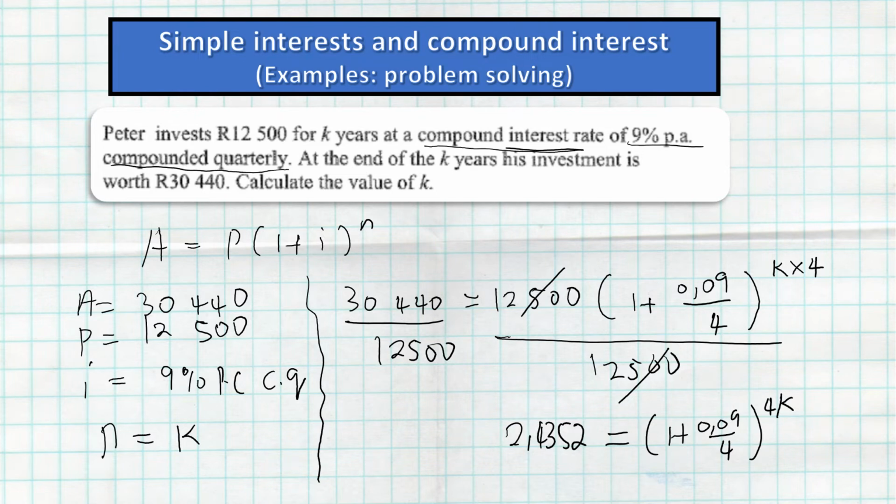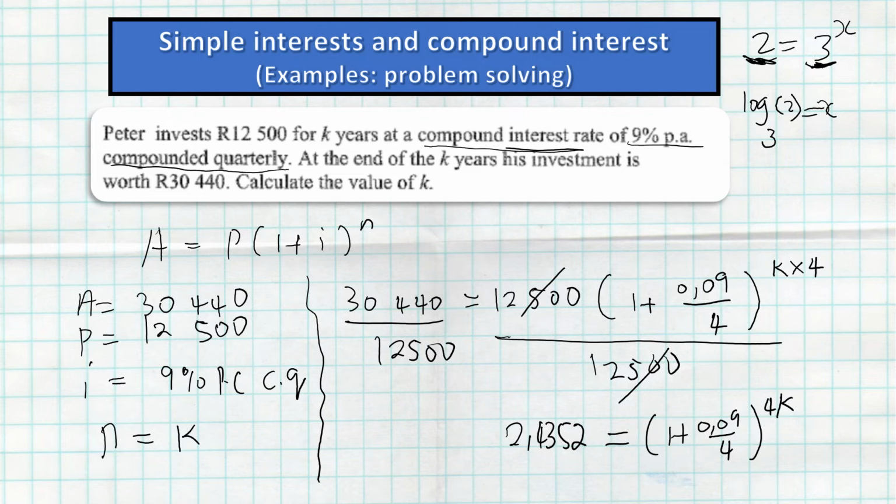Then to solve for K, we can see our K is on the exponent. We have to use log rules, right? Don't forget, I showed you if you have 2 is equal to 3 to the exponent x, because the bases are not the same and you cannot change 2 to the same base as 3, you can use the log rule to say x is equal to log base 3 of 2.